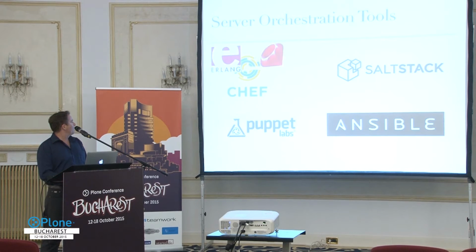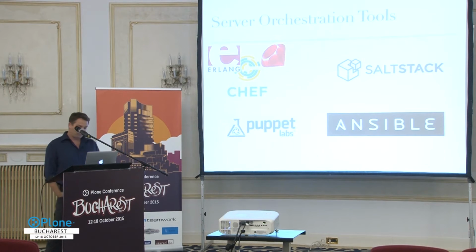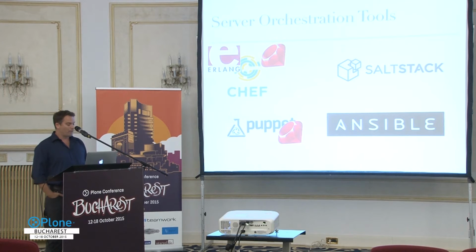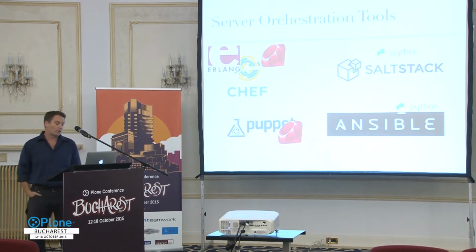Chef is built using Ruby and Erlang, and for configuration, it uses the Ruby language. Puppet is also built on Ruby and uses Ruby again for its configuration language. Whereas SaltStack and Ansible are built in Python and use YAML for configuration.